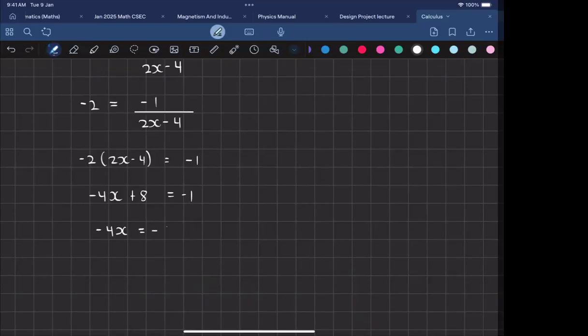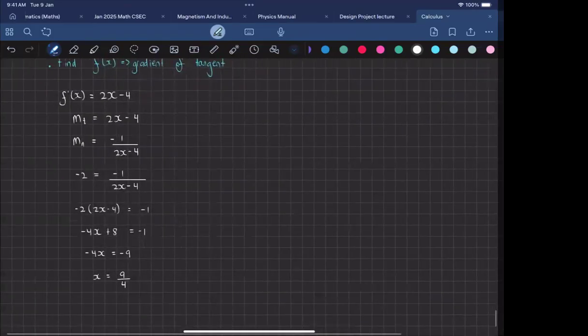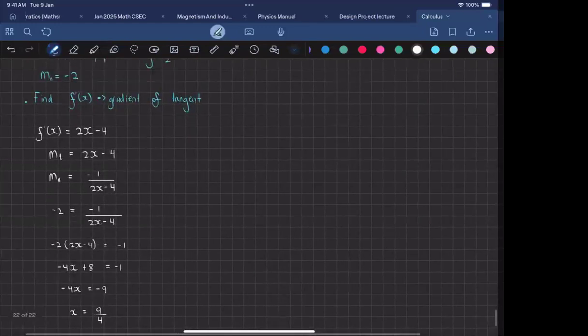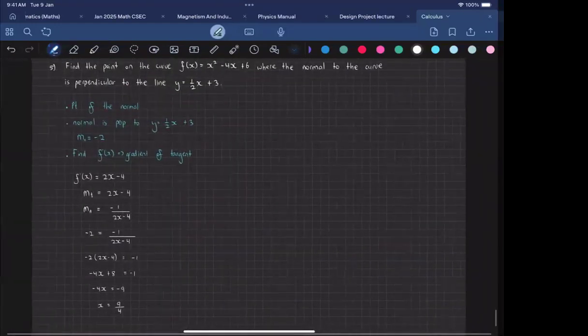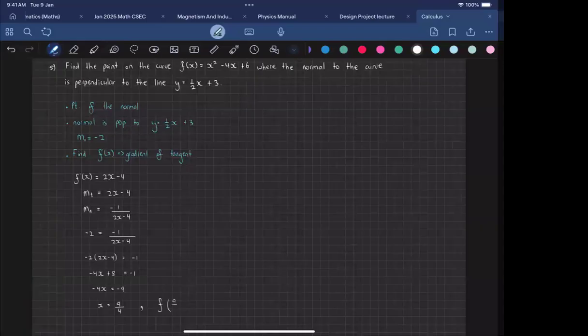Minus 1 minus 8 is minus 9. You divide both sides by minus 4. So x is equal to 9 over 4. If x is equal to 9 over 4, how would I find y? You could use the function that they give you and plug x in.